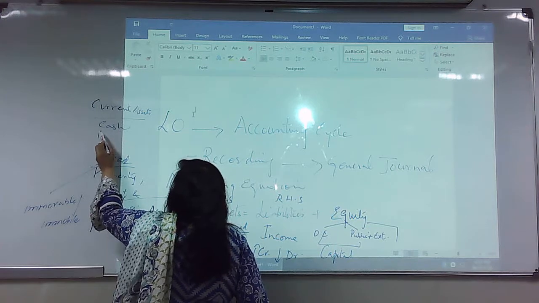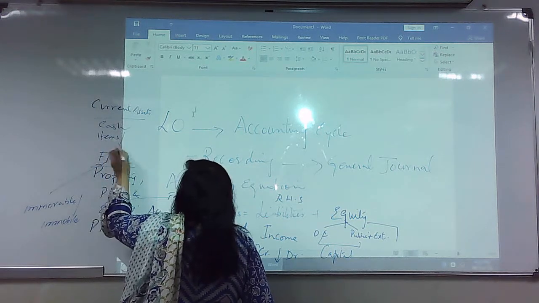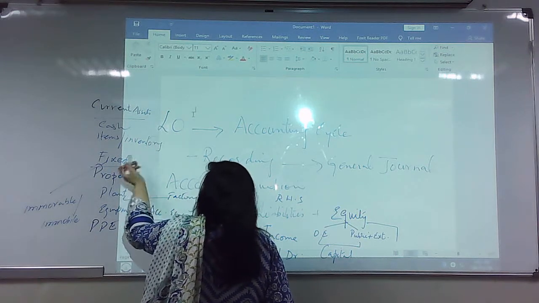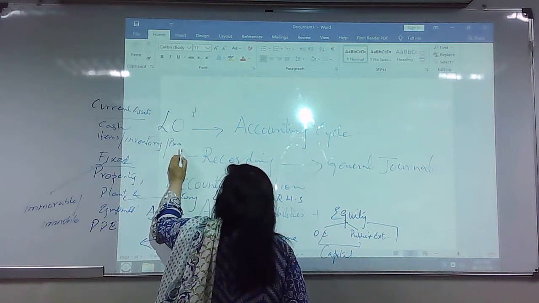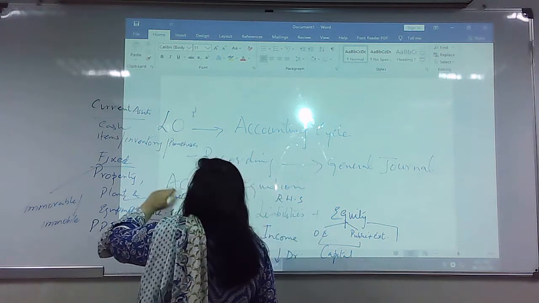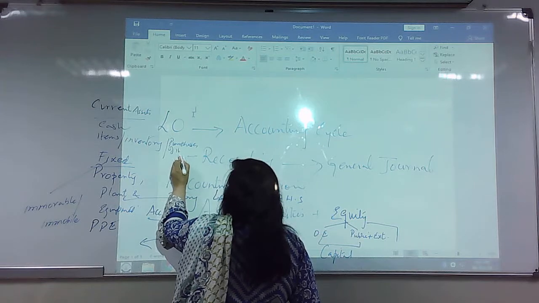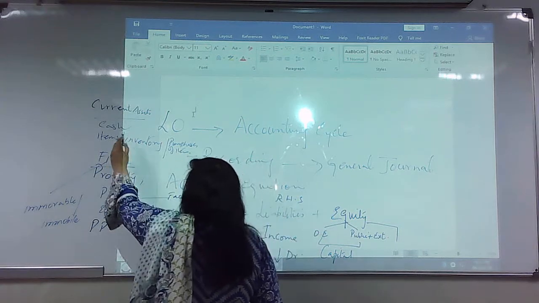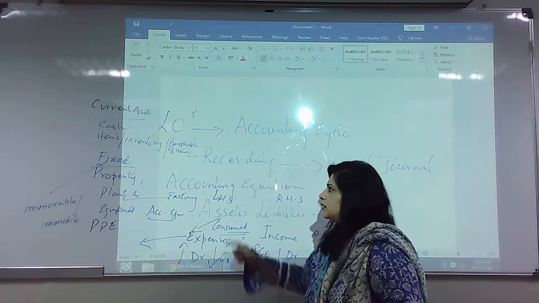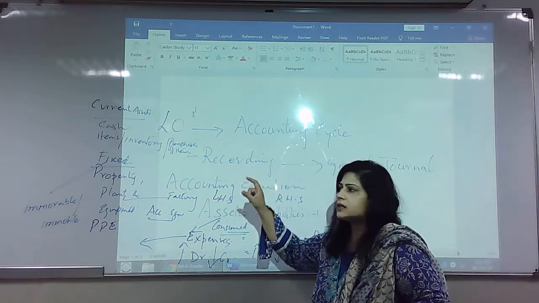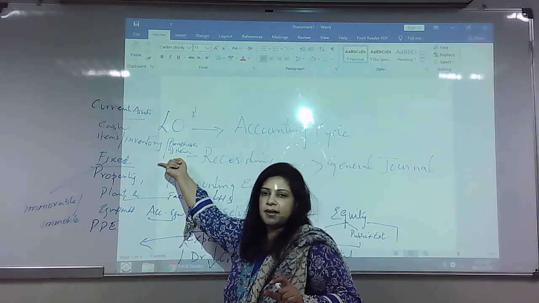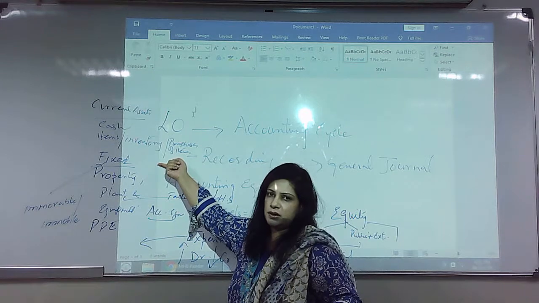Like items that you manufacture, also known as inventory, or you purchase items that we are going to be selling. All these are current assets, and inventory is reported at the end of the year.